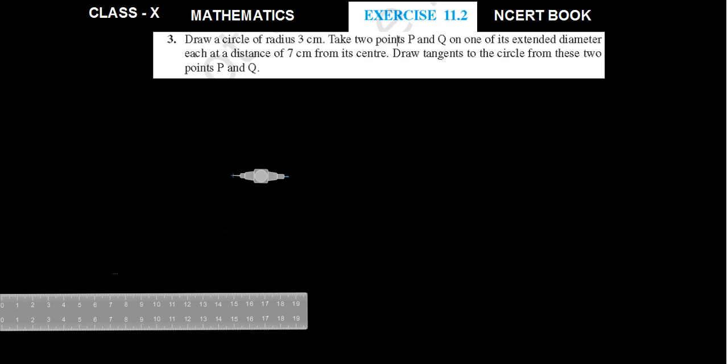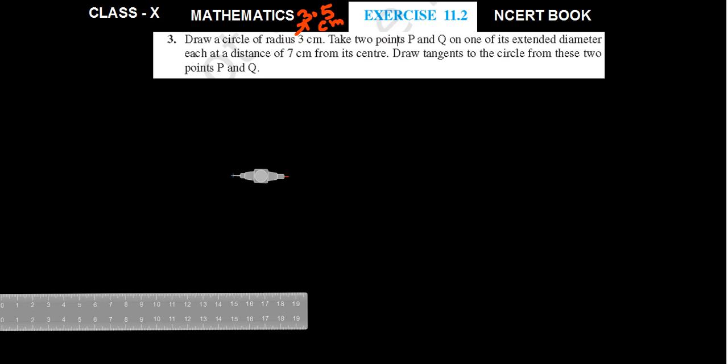So I change the question slightly, from 3 to 3.5 centimeter.